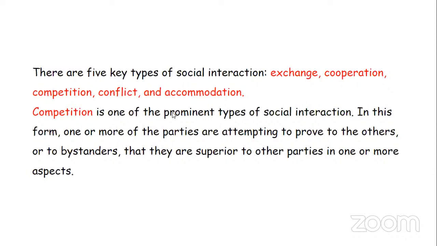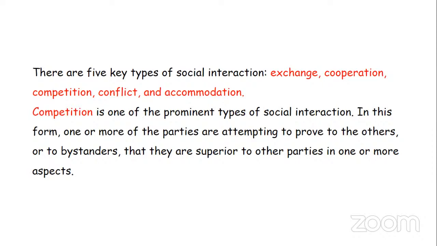There are five key types of social interaction. We can find numerous types of social interactions; it is not limited to just these five, but these are the major types: exchange, cooperation, competition, conflict, and accommodation. But you can also find many other types of social interactions.